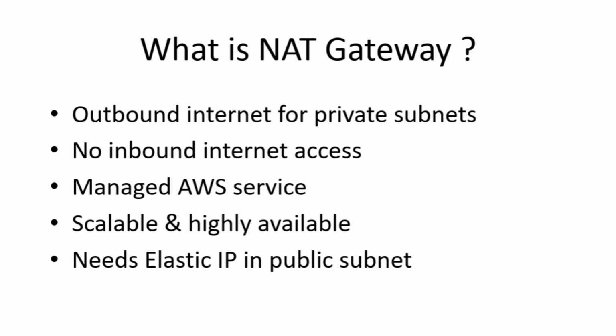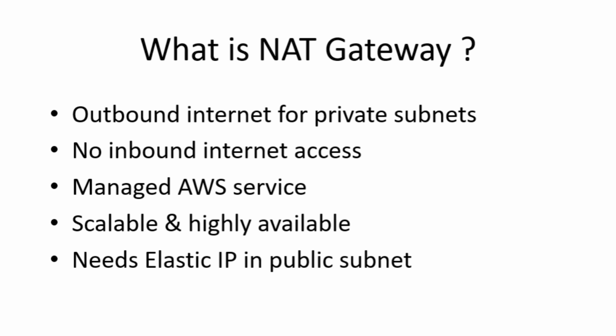Before we jump into the hands-on steps, it's important to understand what a NAT gateway is and why it plays a crucial role in AWS networking. A NAT gateway is a managed AWS service that provides outbound internet access for instances in private subnets, allowing them to download updates, patches, or access external services securely.